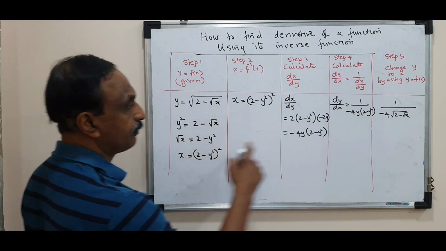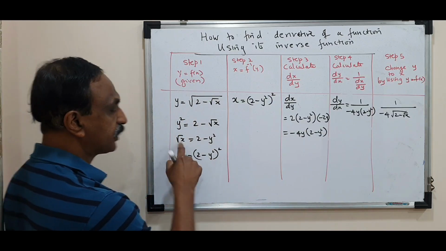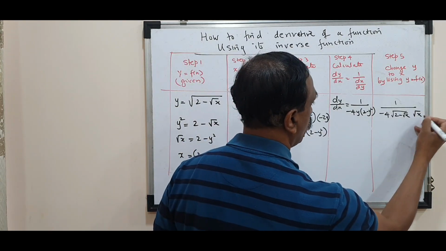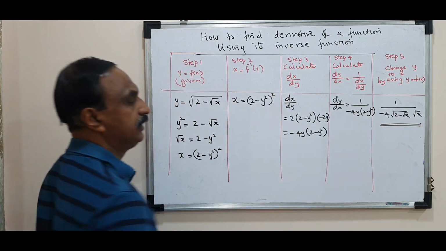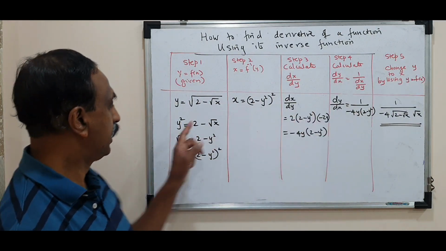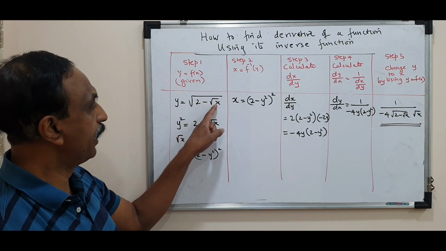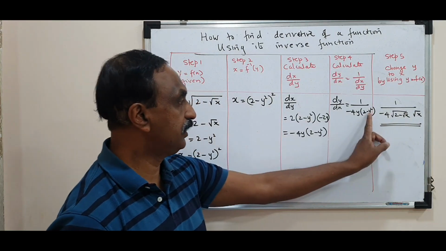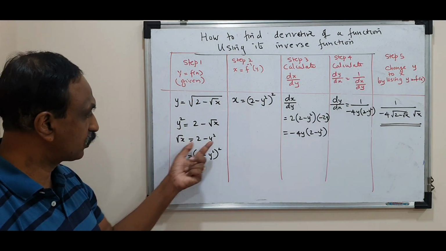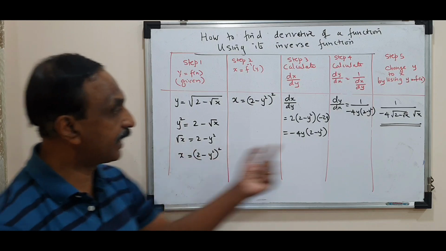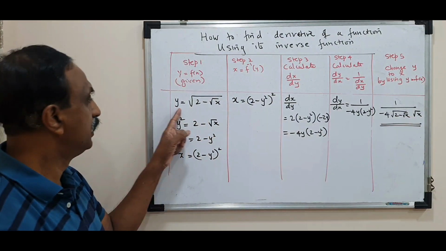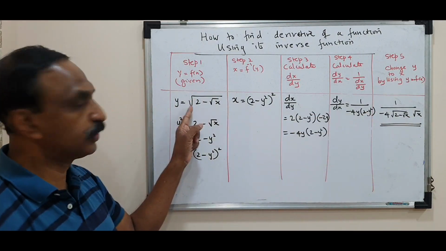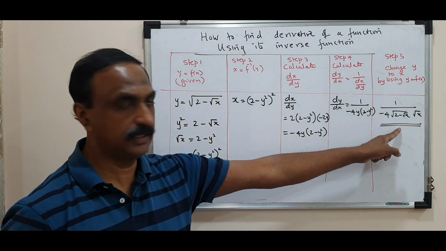Then what is 2 minus y square? 2 minus y square is root x, and that will be my answer. So wherever y is there, replace it by root of 2 minus root x. Wherever 2 minus y square was there, we had already calculated it, so I'll directly replace it by root x. In other words, just remove all the y using the given function. You will get the derivative.